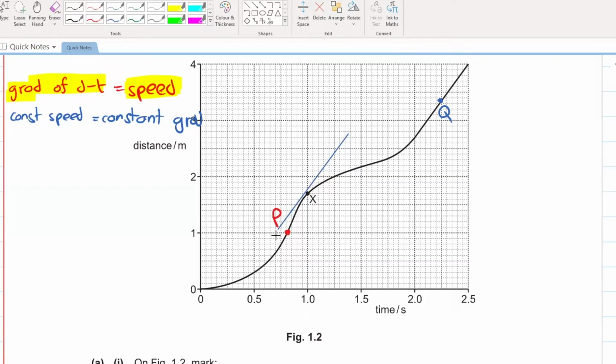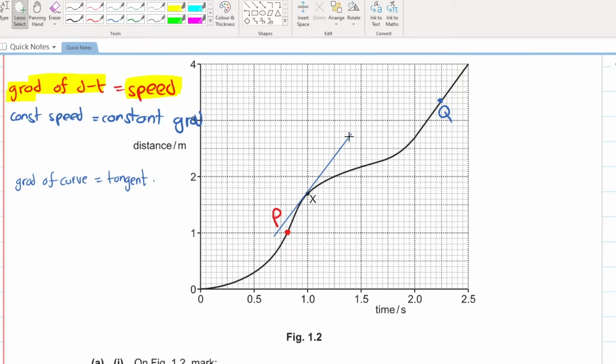We draw a tangent on that point, like this. Whenever you have to calculate, you can write it here: the gradient of a curve is calculated by drawing a tangent.